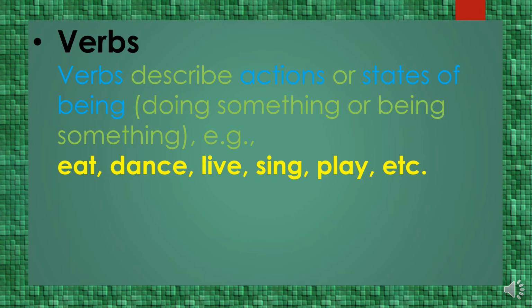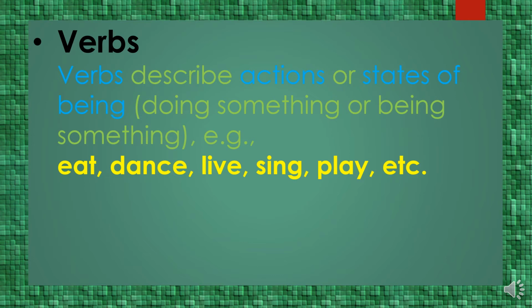I play in the garden. Ram is a tall boy. He plays in the garden. So here, for the noun Ram we have used the pronoun he, and the verb plays describes what work Ram is doing.